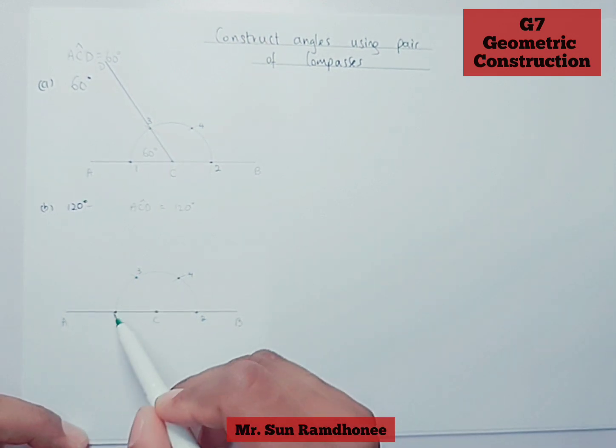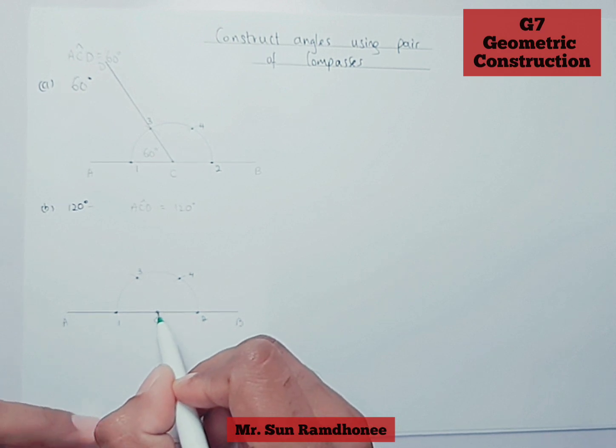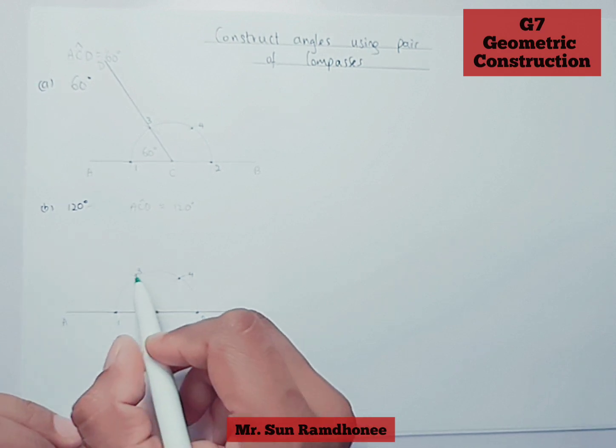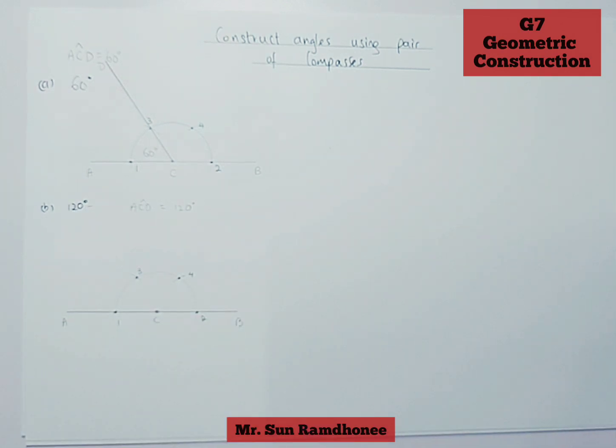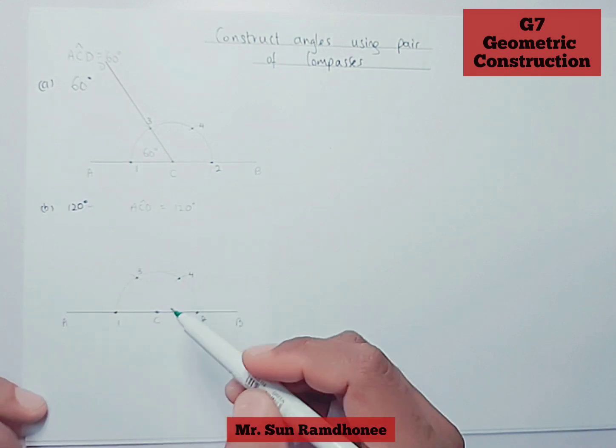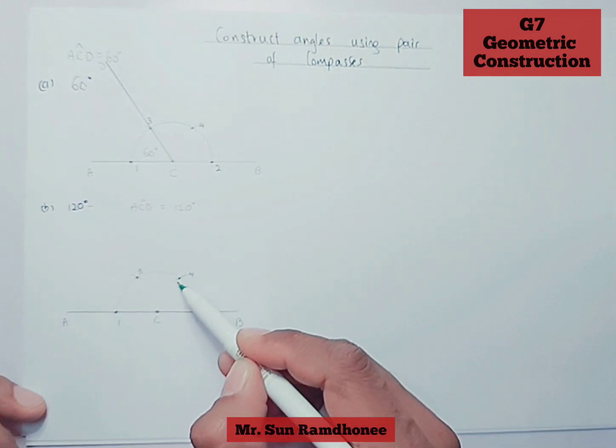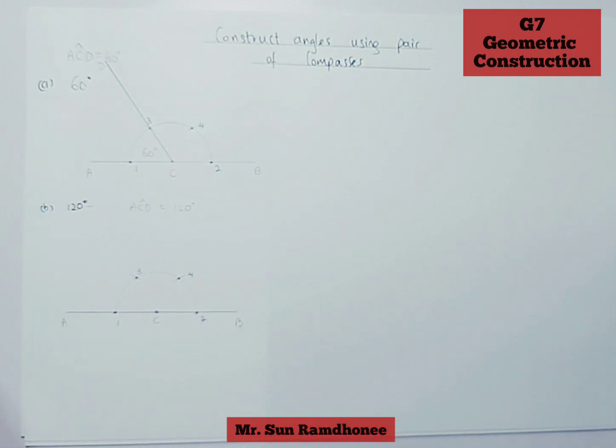So when we draw a line from C which moves through point 3, we obtain 60 degrees. In order to obtain 120 degrees, we are going to draw a line from point C up to point 4.